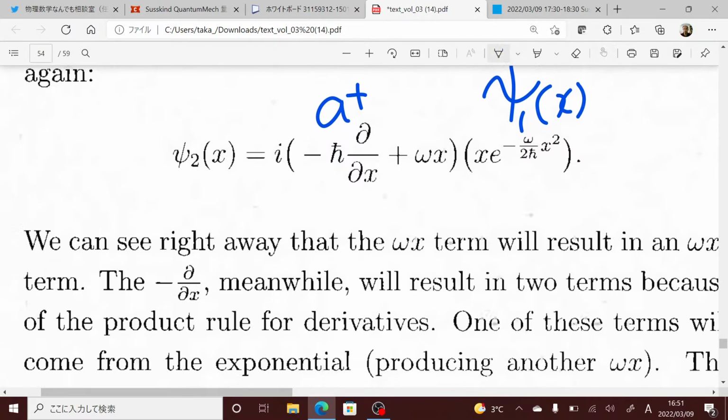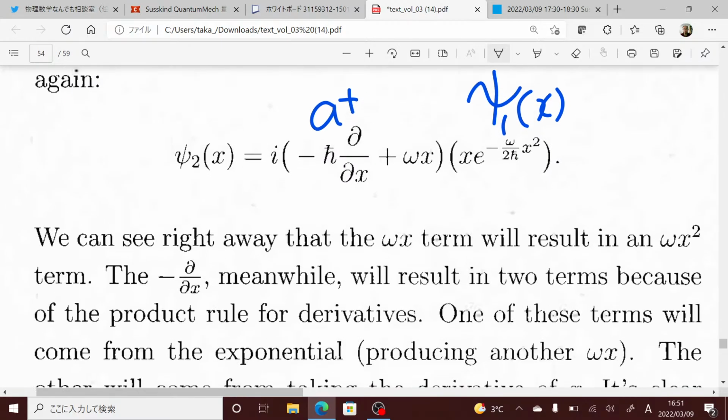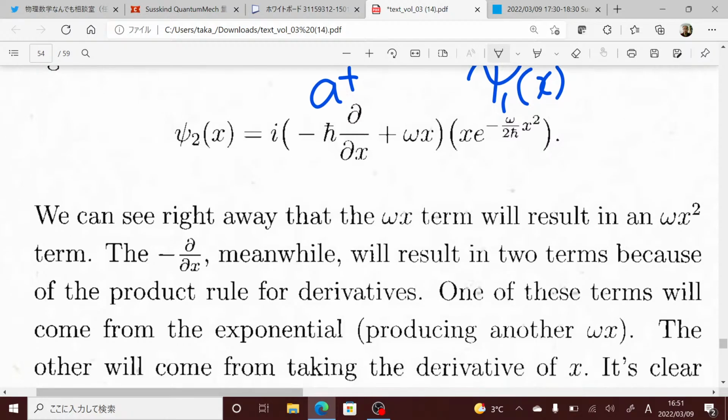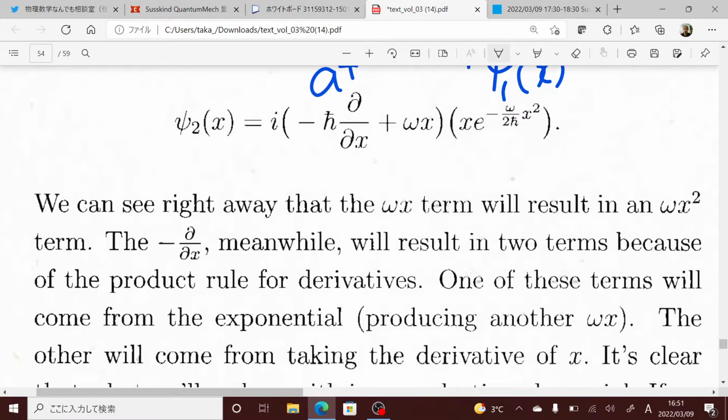We can see right away that the omega x term will result in an omega x squared term. The minus partial x meanwhile will result in two terms because of the product rule for derivatives.